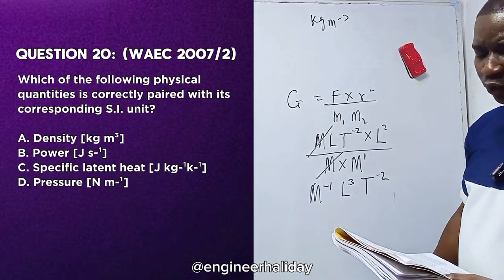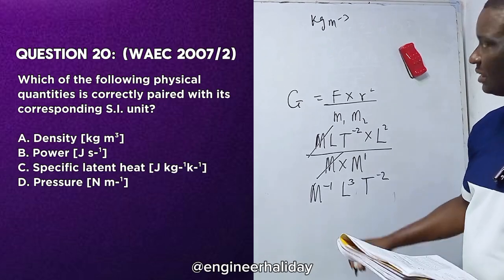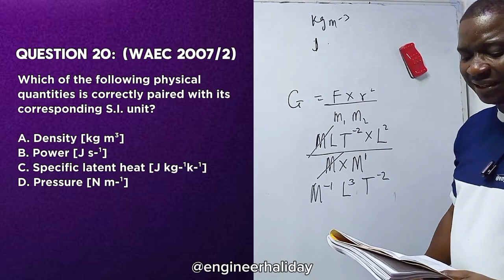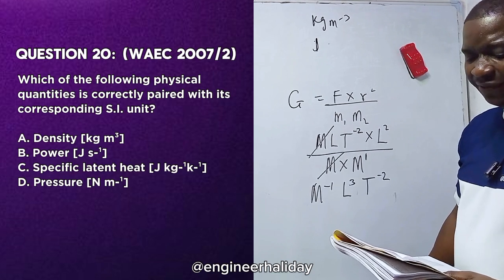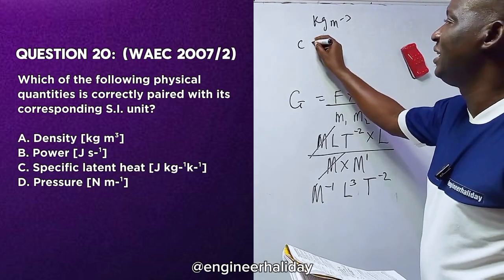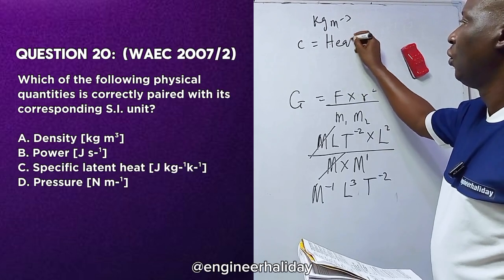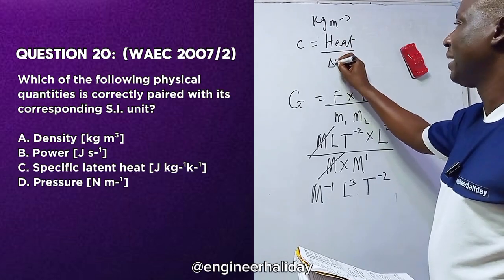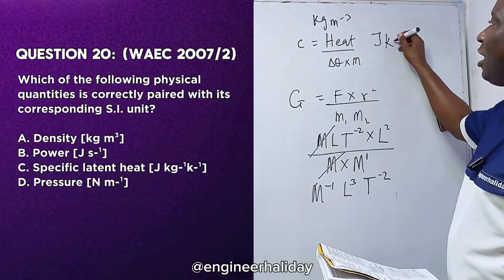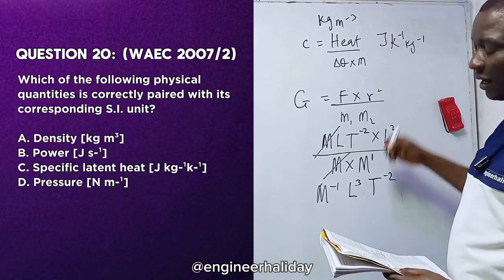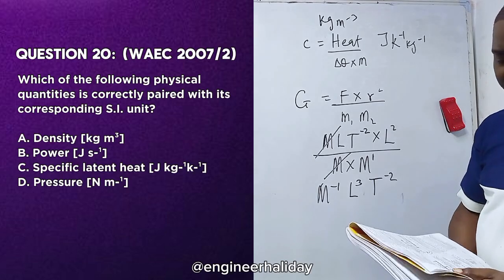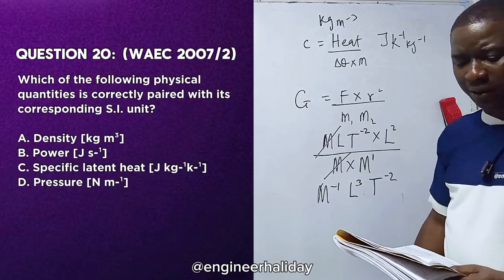Option B says joules per second. Yes, that one is power. Joules per second is power. C says specific latent heat. Specific heat capacity is C equals heat over change in temperature times mass, so that should be joules per kilogram per Kelvin.